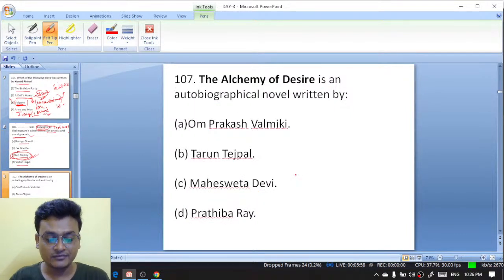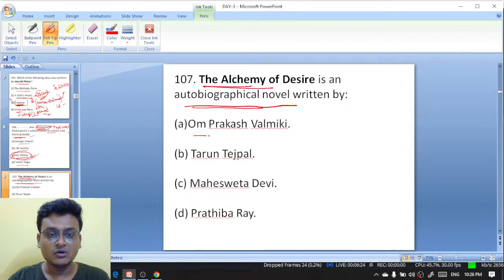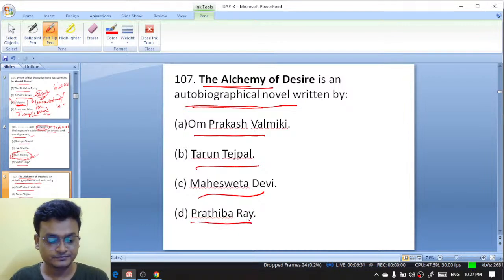Next question: The Alchemy of Desire is an autobiographical novel written by Om Prakash Valmiki, Tarun Tejpal, Mahasweta Devi, Pratibha Ray. Who has written it?